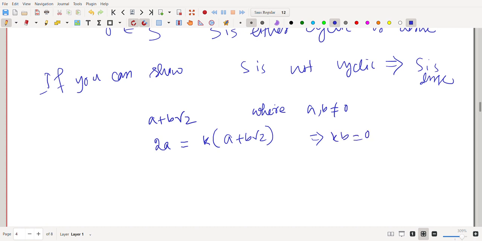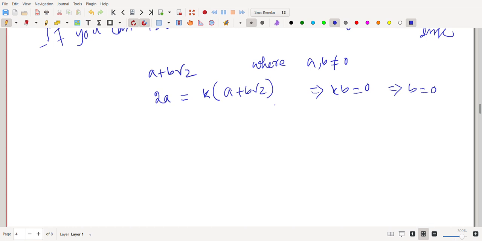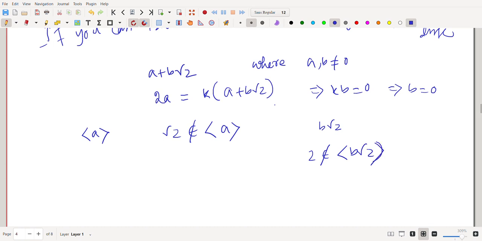That will imply kb equals 0, which will imply b equals 0. That is not possible. So if it is generated by a, where a is an integer, then root 2 cannot be generated by a, right? Again, if it is generated by b times root 2, that will imply that 2 cannot be generated by b times root 2. So in particular there is no generator. Hence, S is not cyclic. This will imply S is dense.